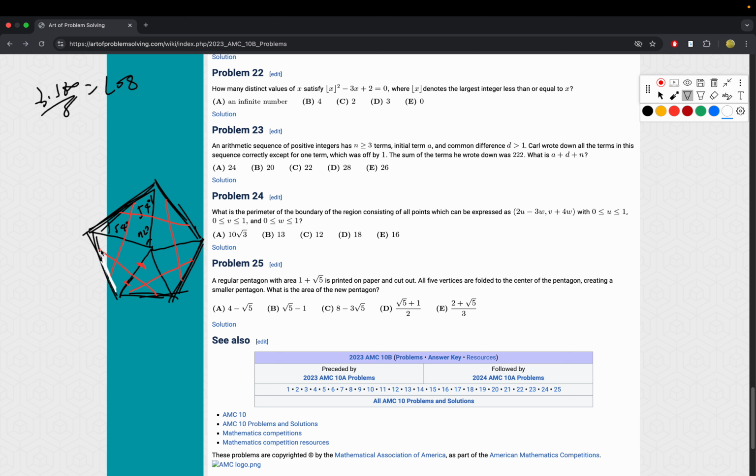So this length are the same, and this is 90 degrees. Maybe.